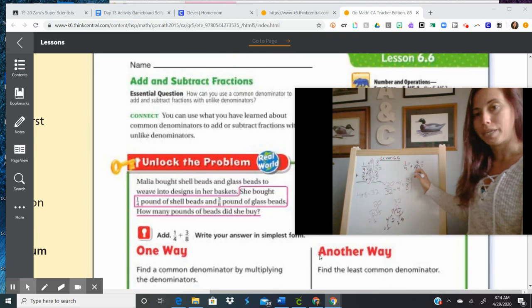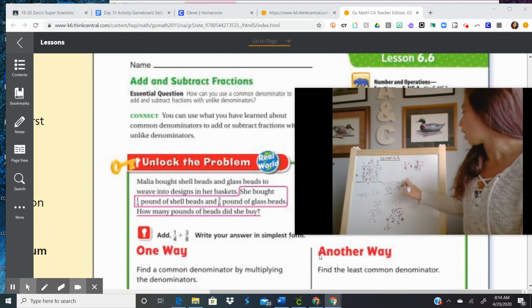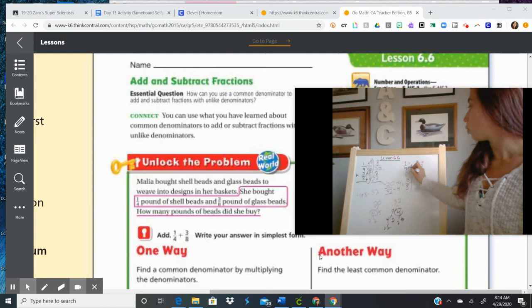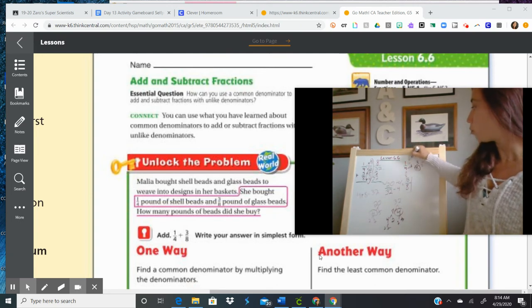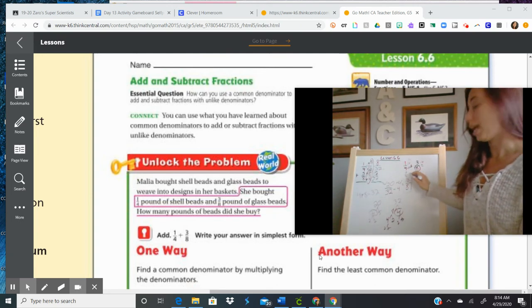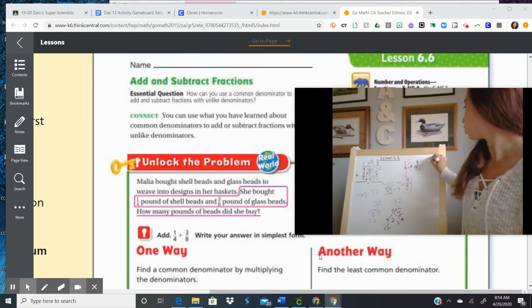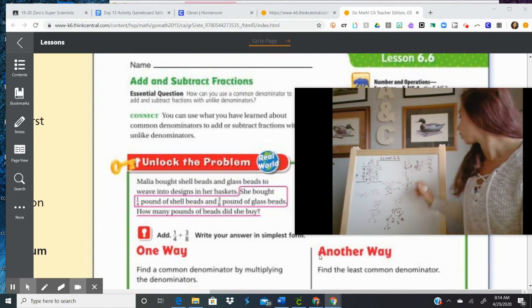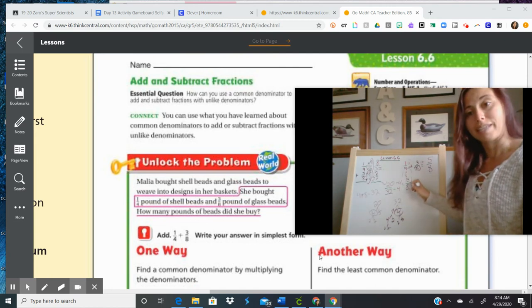There's our common denominator. So if we wanted to actually go ahead and put 1/4 into 8ths, 1/4 you would have to multiply by 2, both top and bottom, to give you 2/8. 2/8 plus 3/8 equals 5/8. Did we get the same answer?